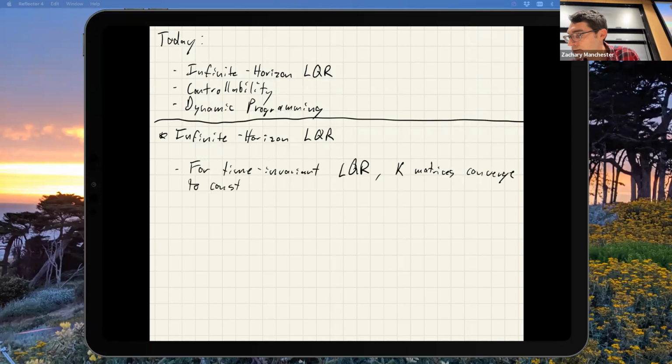And we talked about some intuition for that, and also said that in general, for an LTI problem, the standard approach is to just use that fixed steady state infinite horizon value rather than actually caching all the Ks for a bunch of time steps, specifically for stabilization problems.